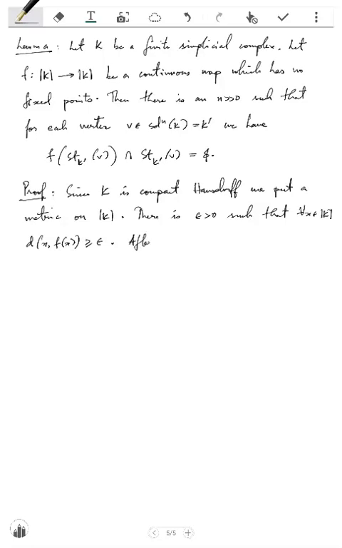So after choosing n sufficiently large, we may assume that the diameter of star K prime P is less than or equal to epsilon by 2.